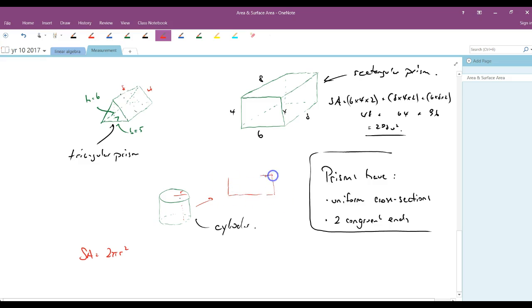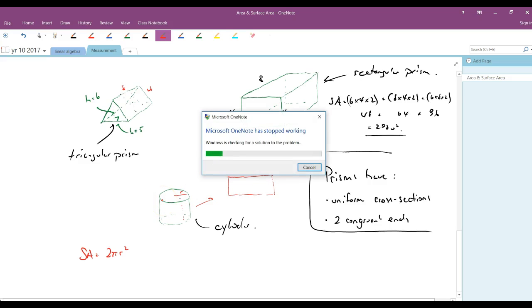Anytime you've got a rectangular sheet of paper, you can roll it up and get yourself a cylinder. Now, if you think about rolling this out, the circumference of that circle becomes that length there. So that's 2 pi r, because that's the circumference of a circle.